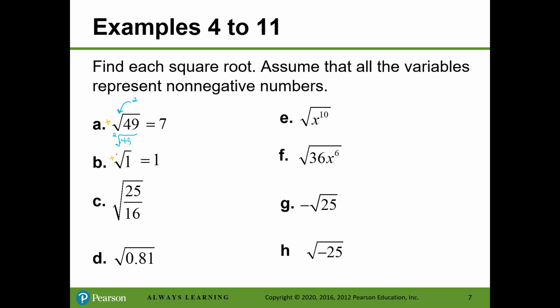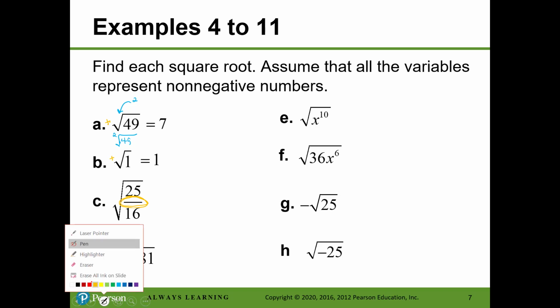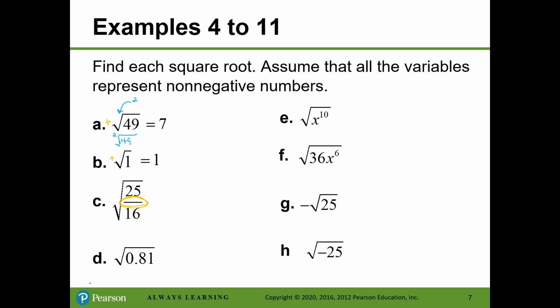Now, letter C. Here's the deal. Do you notice between the 25 and the 16 is a division sign? Division is not superglue. Remember that. We've talked about that before. The only operations that are superglue operations are addition and subtraction.